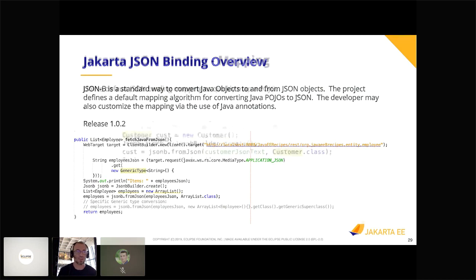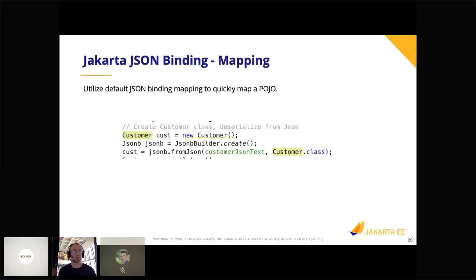So let's take a little dive into this. Binding a JSON object to a Java object is as easy as creating a JSON-B object from the JSON builder. And then you just call upon the fromJson method, passing the text and the Java class, and it will return that POJO fully populated from the JSON.